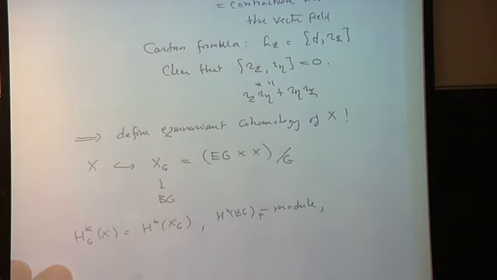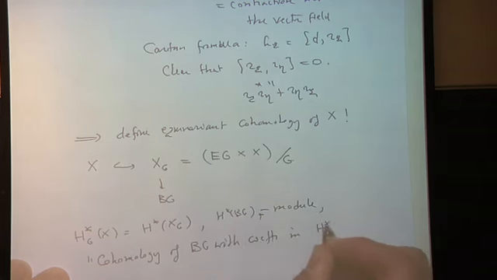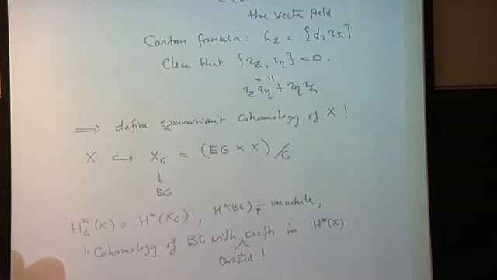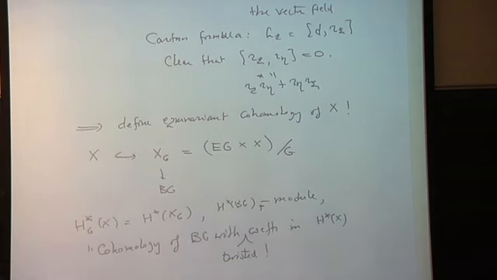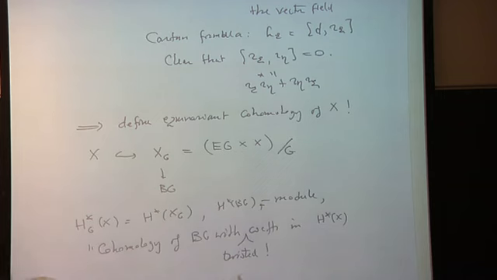And you'd like to think of it as cohomology of BG with coefficients in the cohomology of X, but the coefficients are twisted. And the twisting is hidden in the G action, which has been homotopically infinitesimally trivialized.